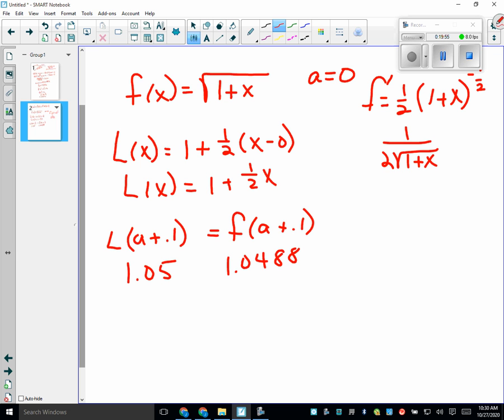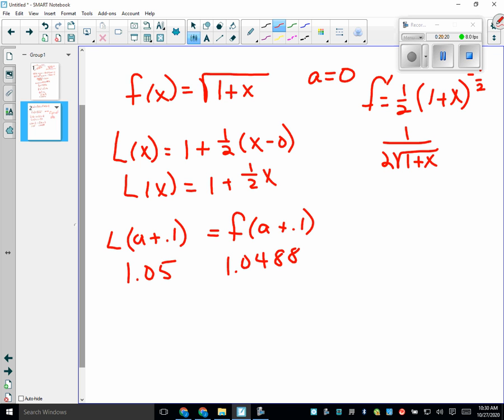Oh, I plugged in 0.01. So they don't equal. I'm comparing them. How close are they? Very close. They're within 2,000ths, right? So how close are they?